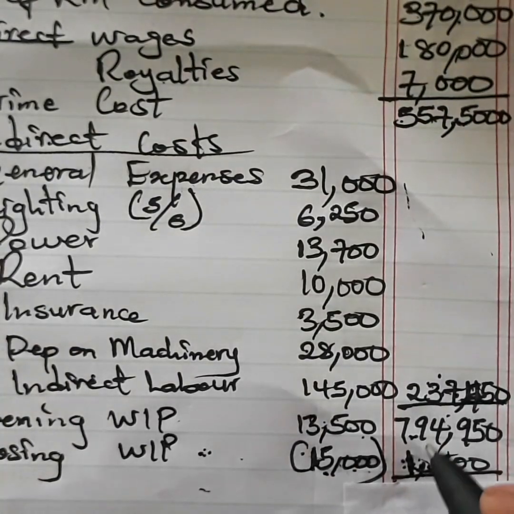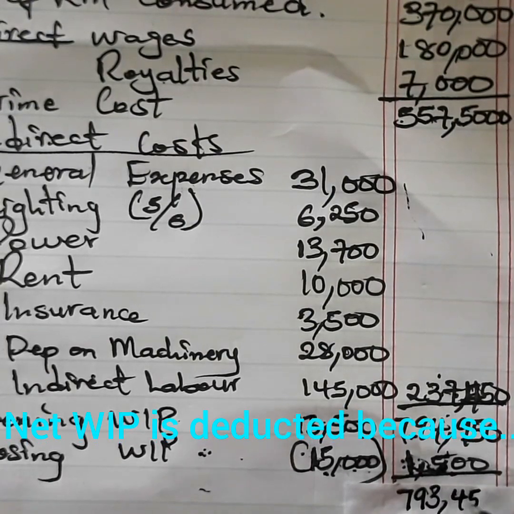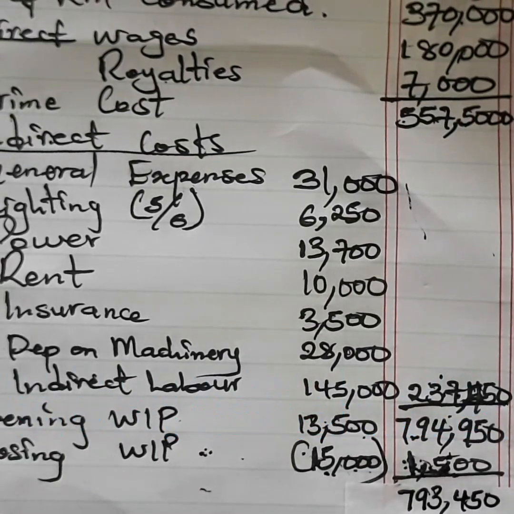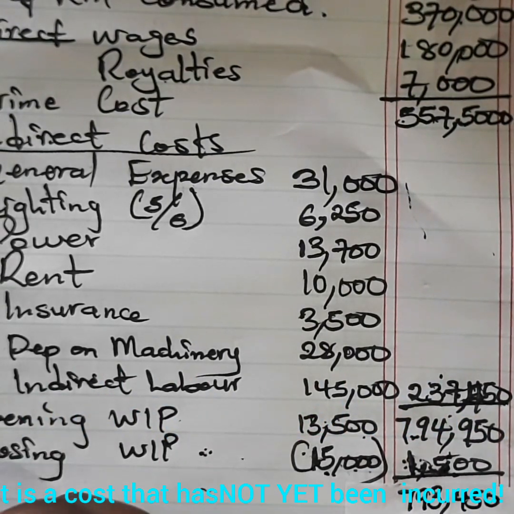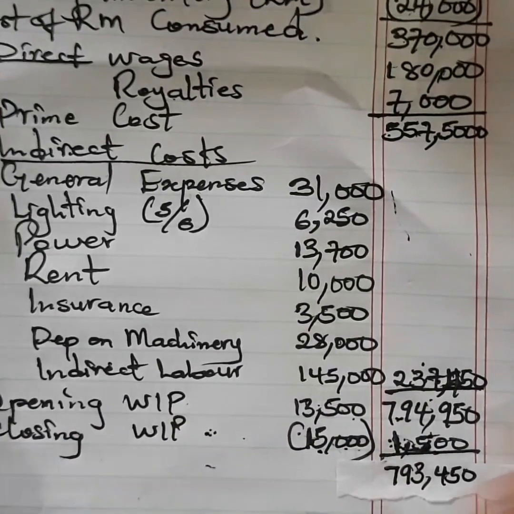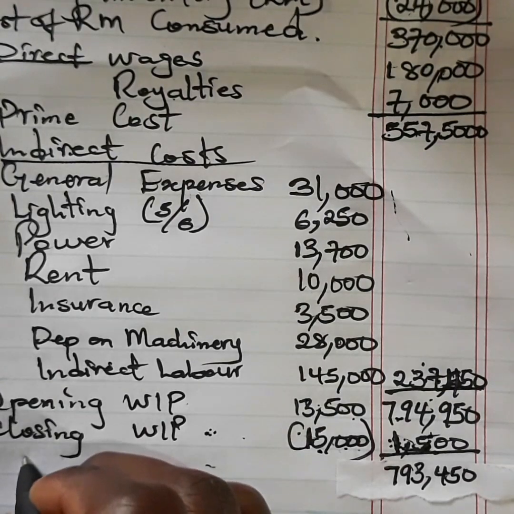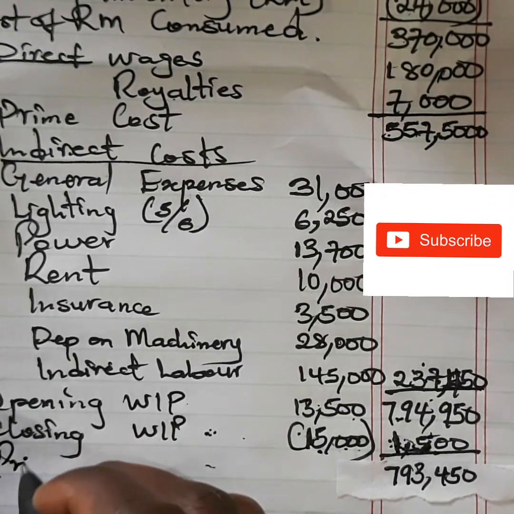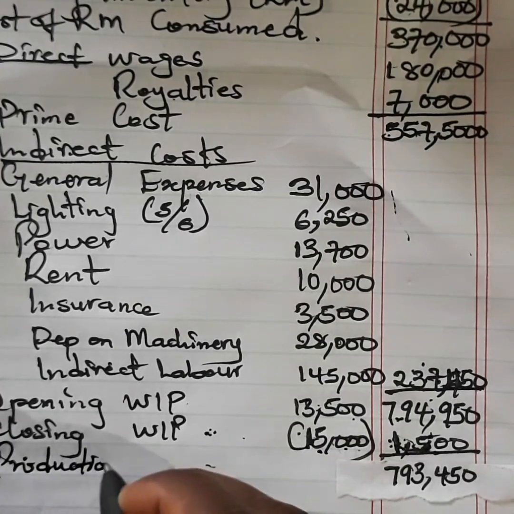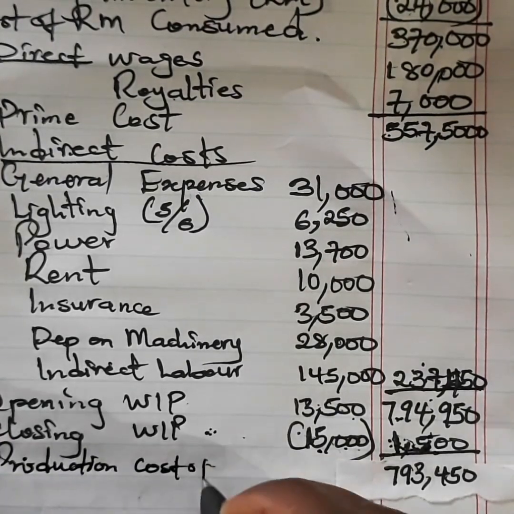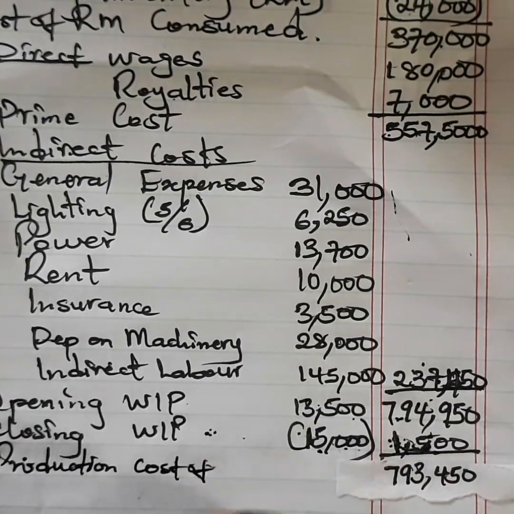So when we less this from these, we're supposed to get 793,450, and this value that we arrive at is supposed to be given a denotation of production cost of finished goods.